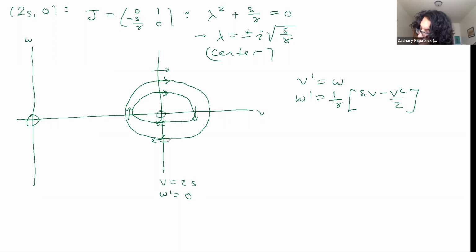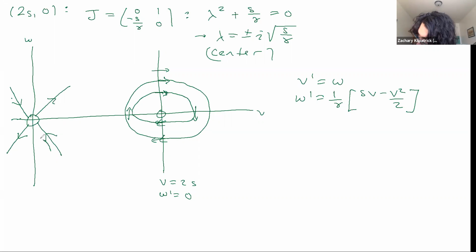And I can do a similar accounting essentially for the direction of the flows over here. I won't belabor that. I'll go ahead and jump to the punchline, which is that the trajectories in these quadrants flow away from the fixed point, and the trajectories coming in from these quadrants tend to flow towards the fixed point.